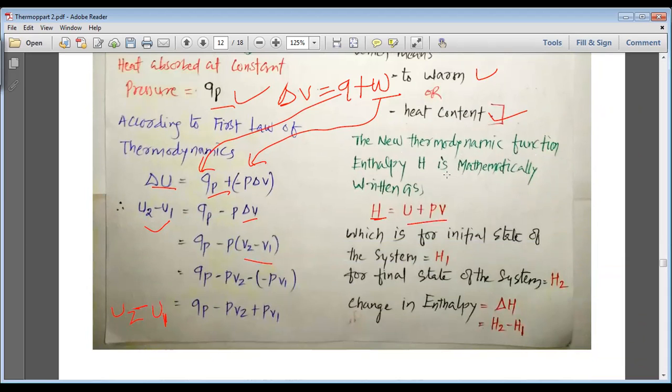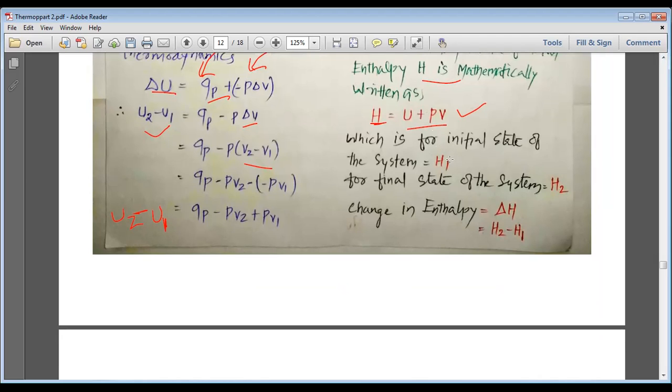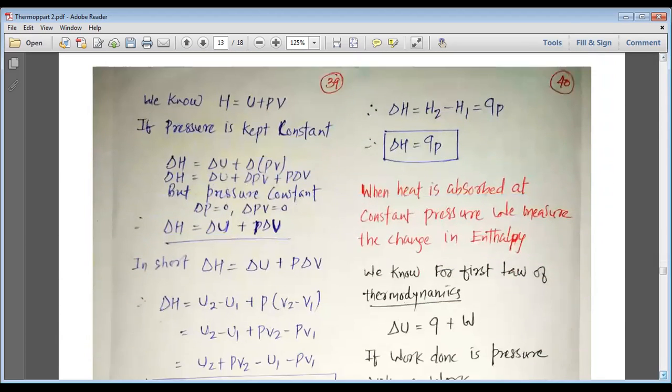The new thermodynamic function enthalpy H is mathematically written as H is equal to U plus PV, which is for the initial state of the system. That is, for the initial state we can write H1, and for the final state we can write the enthalpy H2, and that is why the change in enthalpy we call delta H, that is H2 minus H1.